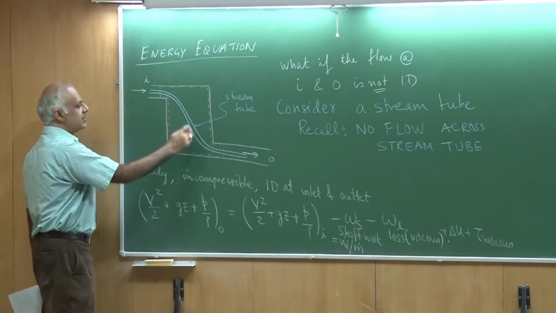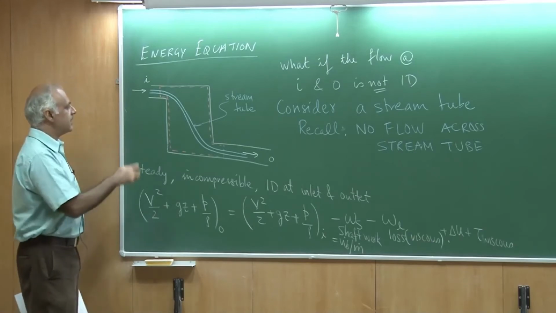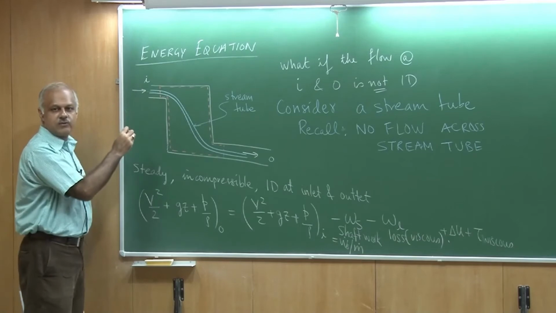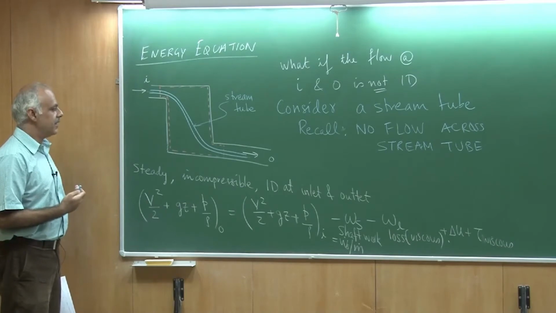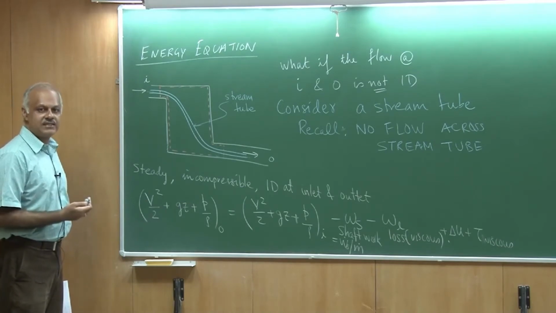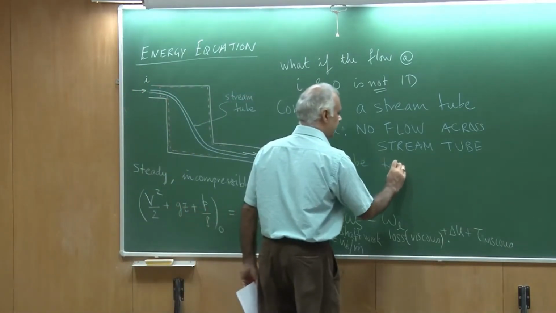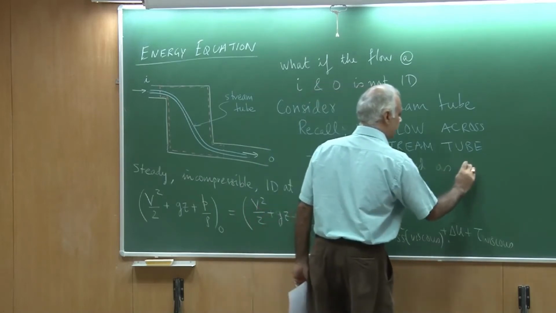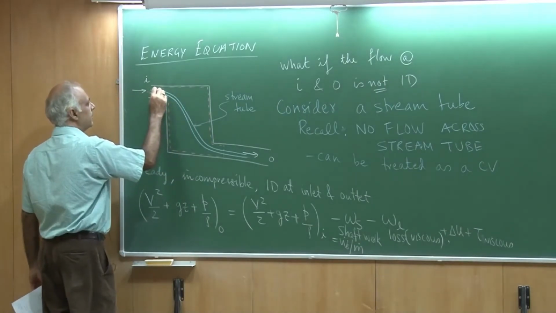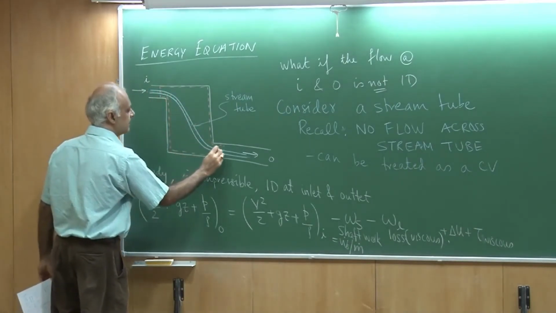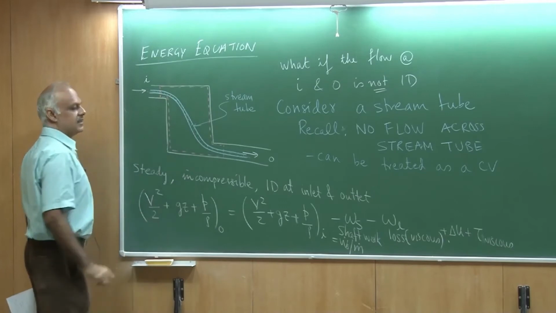So, if I take several streamlines and put them in the form of a stream tube, then essentially what I am saying is that whatever flow enters at one end would have to leave at the other end, because there is no leakage of flow across the stream tube. So, therefore, I could treat this itself as a control volume, and I would like to draw a set of dashed lines to show you that indeed we are going to treat this as a control volume.